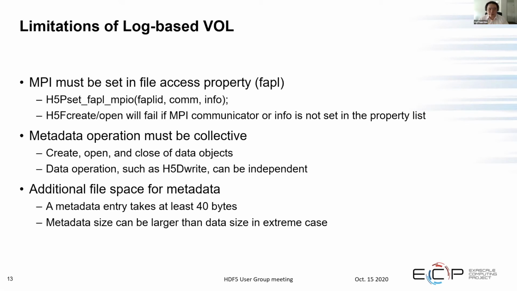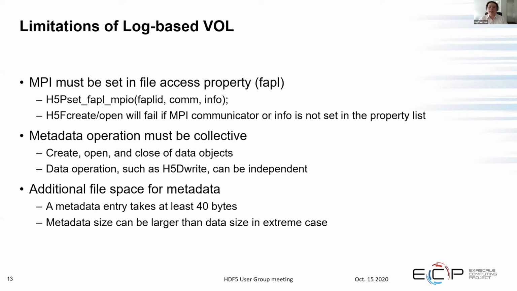And we assume all metadata operations are collective. That means every group, dataset, attribute, and link create, open, and close are all assumed to be collective. But data operations, such as dataset and attribute write, can be independent.